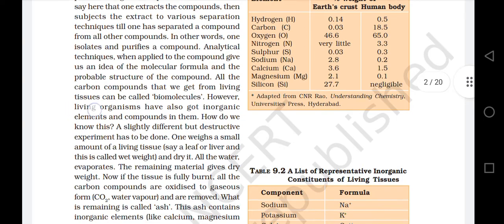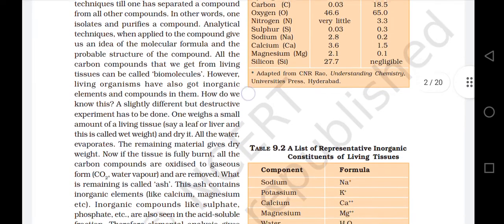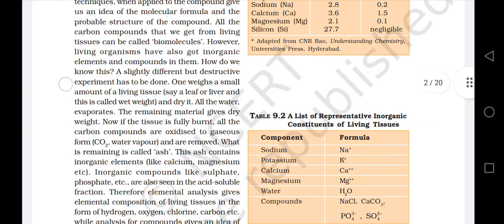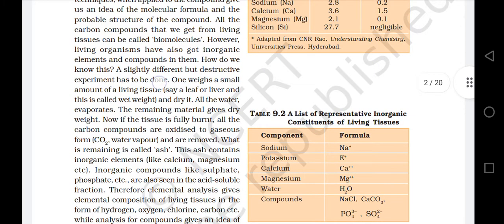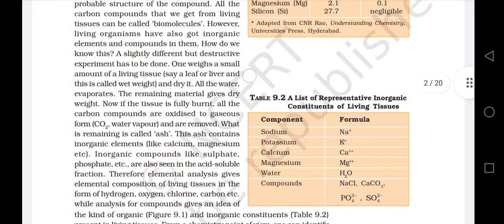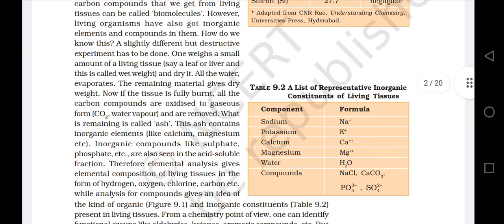However, living organisms have also got inorganic elements and compounds in them. How do we know this? A slightly different but destructive experiment has to be done. One weighs a small amount of living tissue, say a leaf or liver, and this is called wet weight. Then dry it.